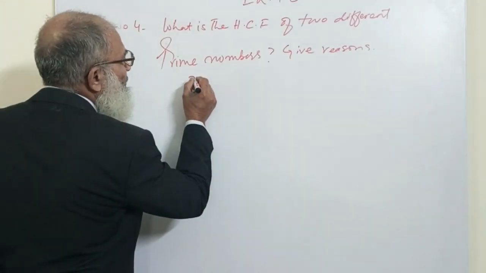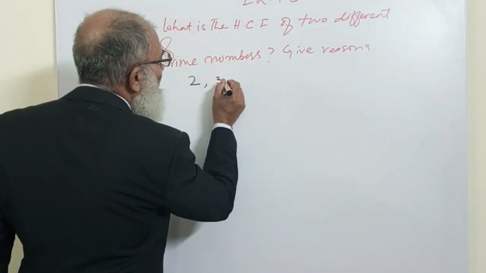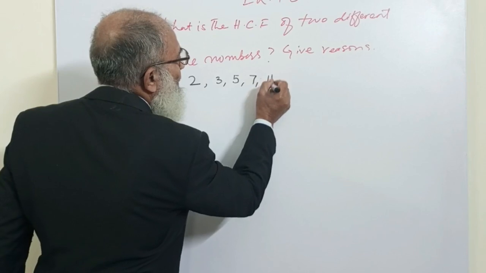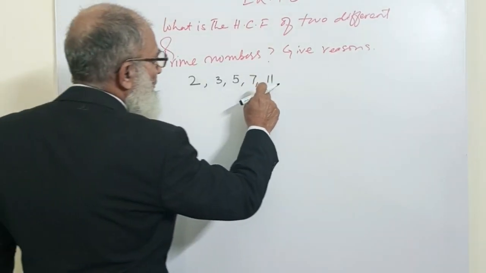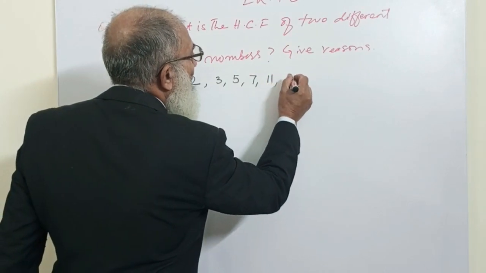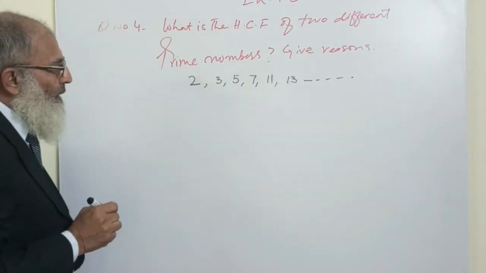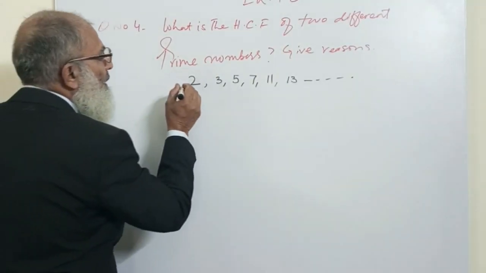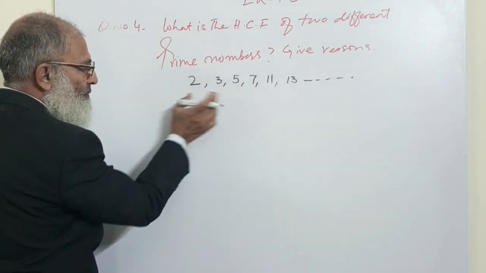The prime numbers start from 2, 3, 5, 7, 11, 13, and so on and so forth. You see, 2 is the only even number in the prime numbers.